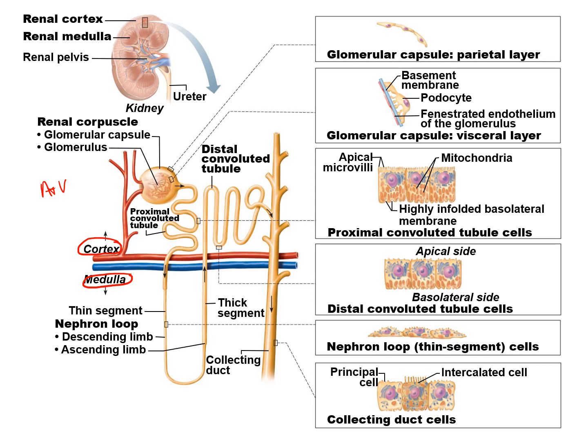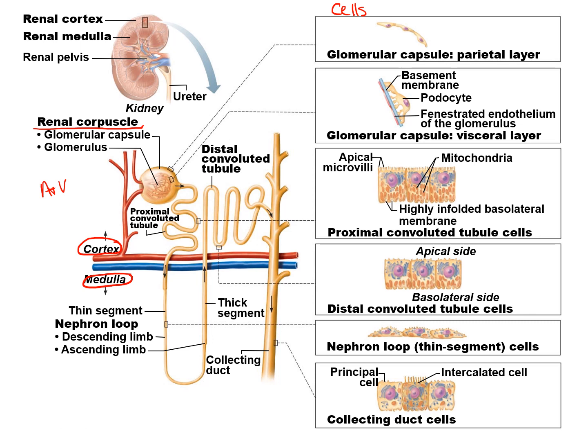And then they're breaking down the different kind of portions of your nephron. You have your renal corpuscle that's going to be including the glomerular capsule and the glomerulus. And then if you follow it out, it's kind of like picture in picture. Over here on the right, they're telling you the cell types for each component. So cells of each component.